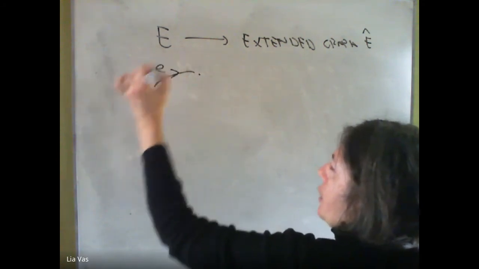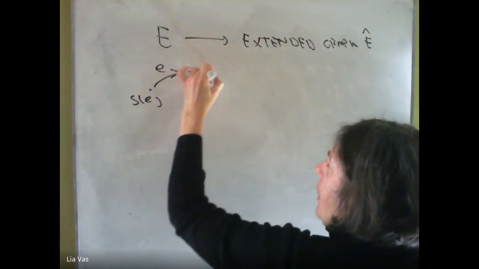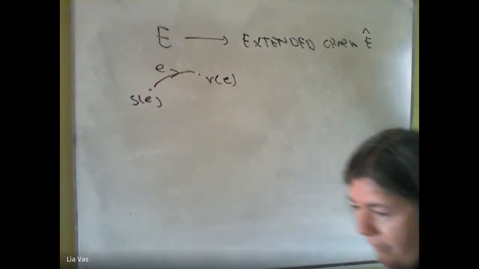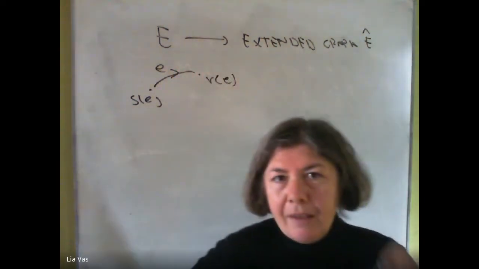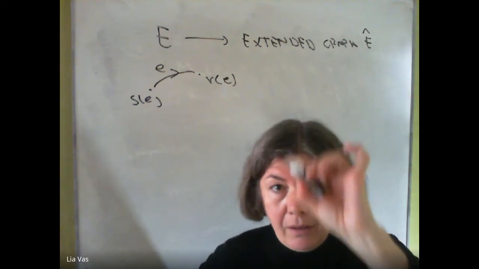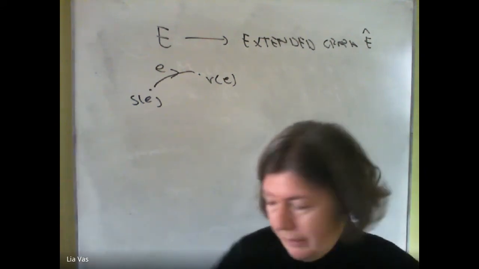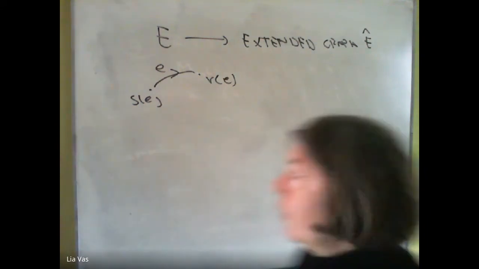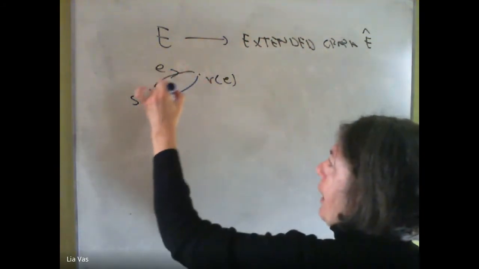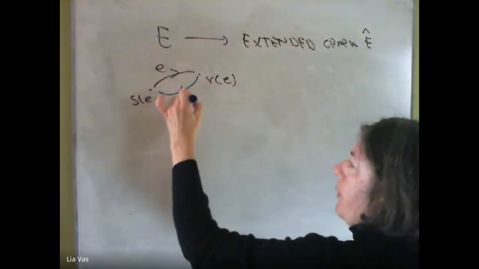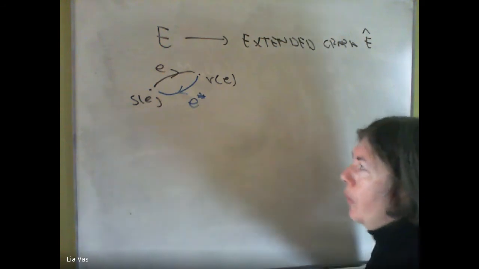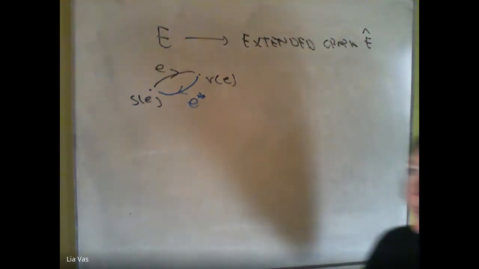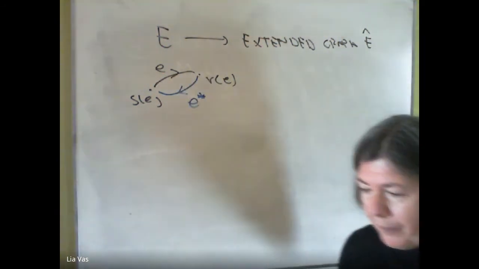So if you have edge e with source and range, that's all there. And then you add edges going back. So you add something called a ghost edge. For every edge e, you define a ghost edge called e star.